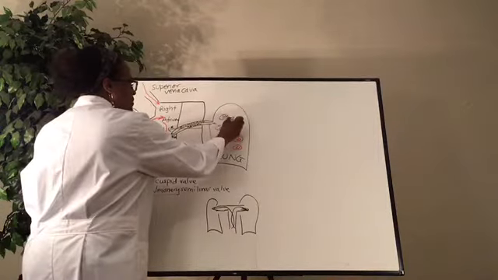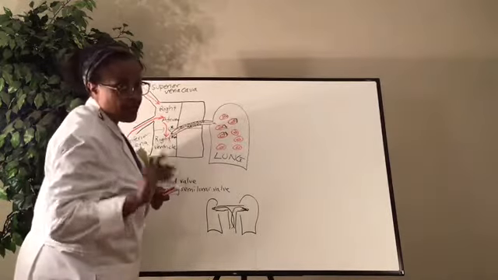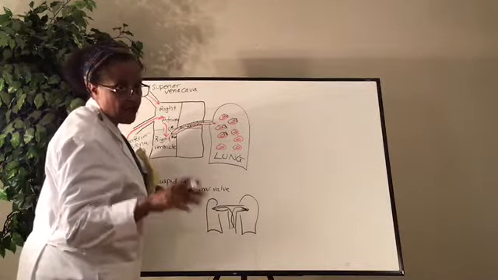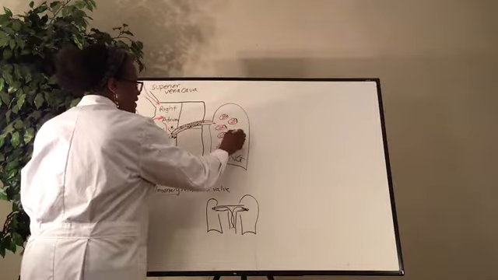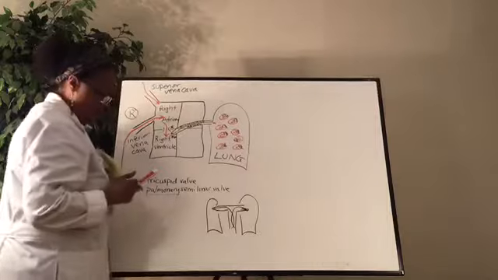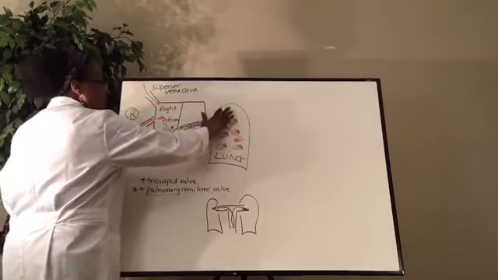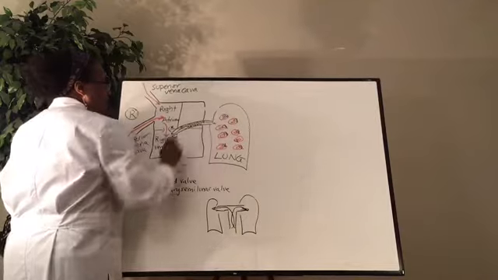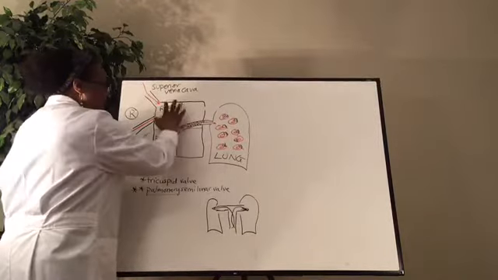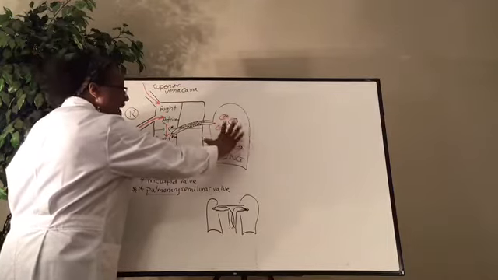And now the red blood cells pick up the oxygen because you learned about heme and you learned about oxygen and you learned about the hemoglobin. So you know that a lot of oxygen is on the red blood cell because that's what the red blood cell's job is. One of them. Anyway. Now, this blood needs to be oxygenated, so it's going into the lung to get the oxygen.